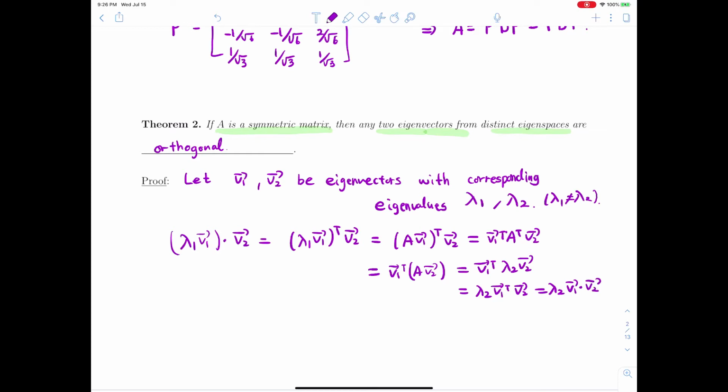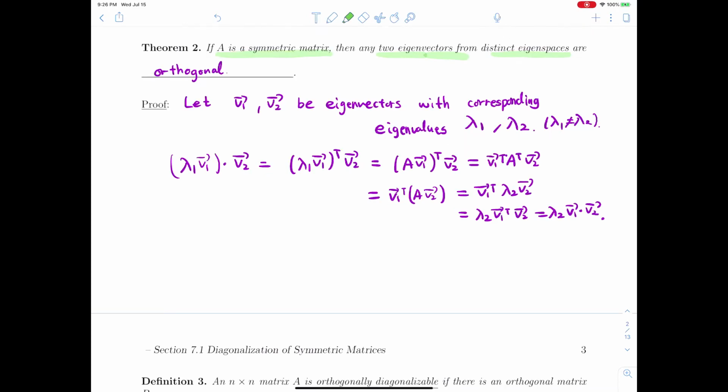with V2. So this tells you lambda 1 times V1 dot V2 is the same as lambda 2 times V1 dot V2. If you move things to the left-hand side, this gives lambda 1 minus lambda 2 times V1 dot V2, and this equals 0.